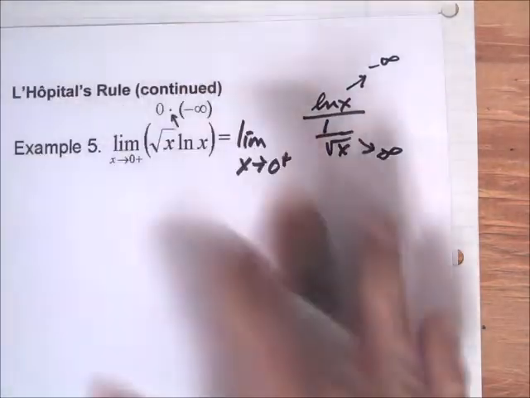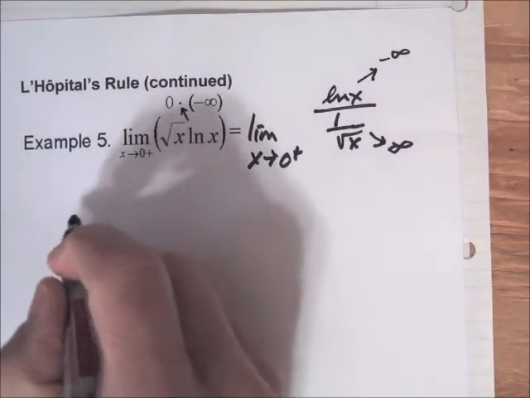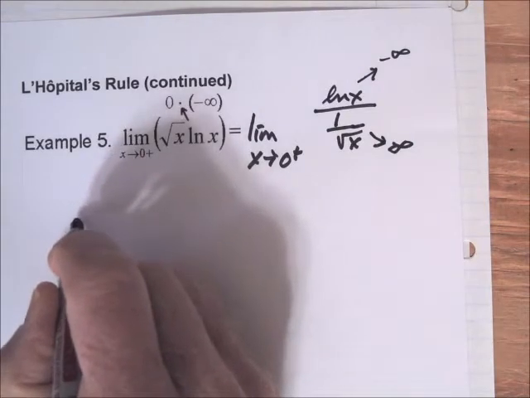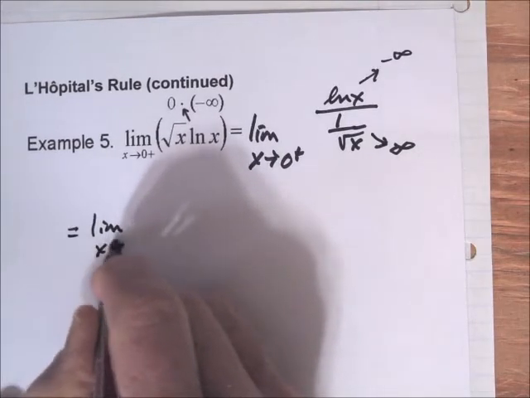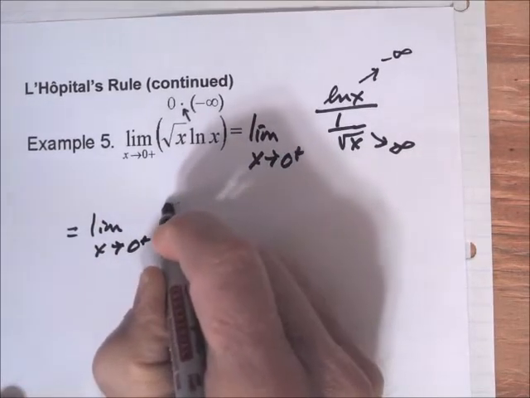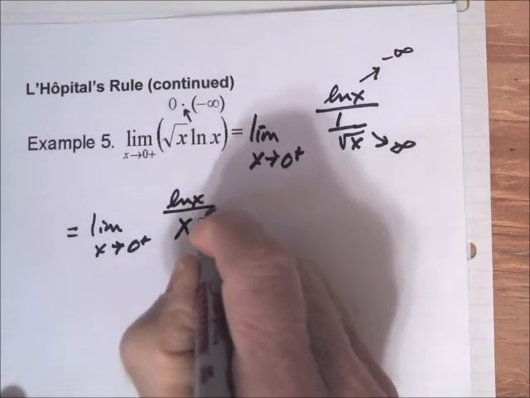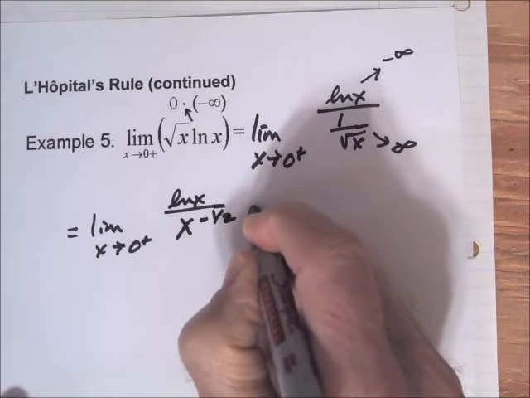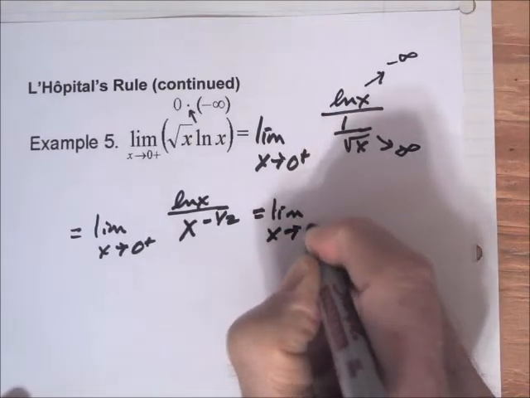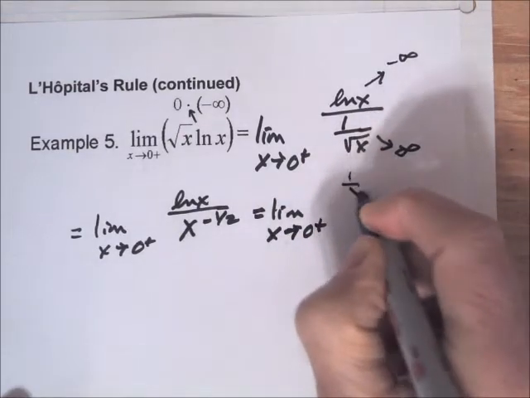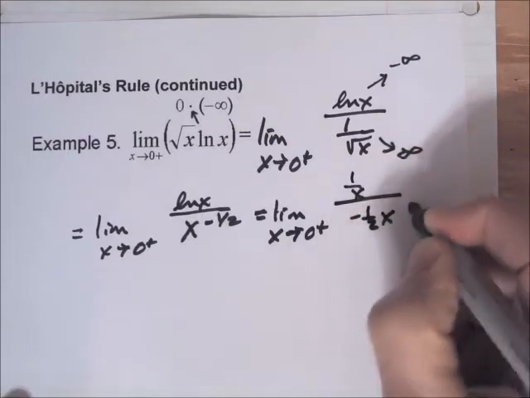Now I'm unfrozen. Okay, so let's apply L'Hopital now and take the derivative. Well, actually, let's write this in exponent form. The limit as x goes to 0 plus of ln x over x to the minus 1/2. If we take the derivative, this is going to be 1 over x over minus 1/2 x to the minus 3/2.